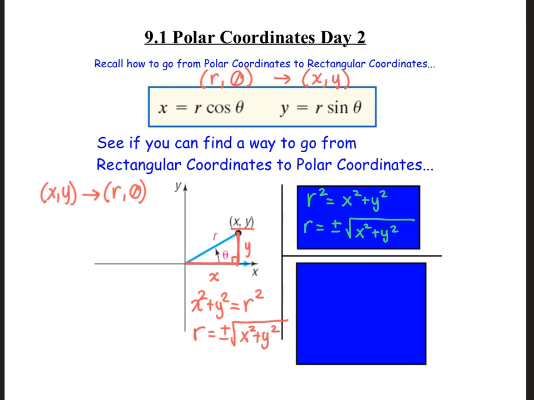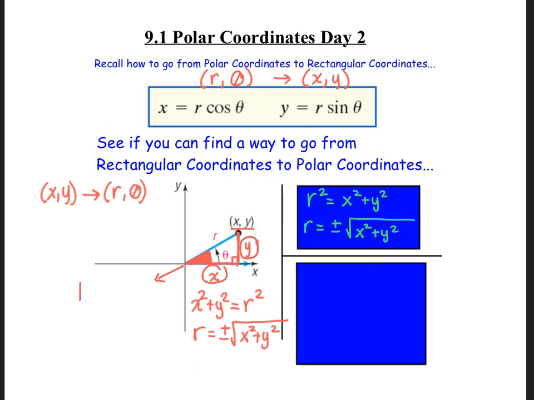Now, the angle. Again, if we wanted to solve for the value of this angle right here, and we do have a right triangle, then we can use some of our trig functions, SOHCAHTOA, to help us solve for that. Since we're given the x and the y values, using the x and the y values and this angle that I'm solving for, I'd want to set up a tangent function.